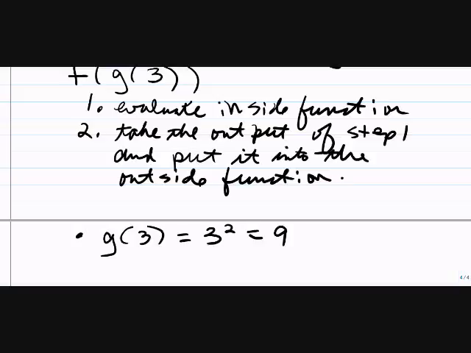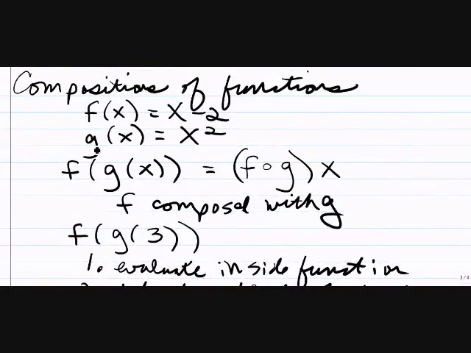No, it's not times. It is not g times 3. It is the function g evaluated at 3. That means wherever you see an x, you put in a 3. G of x is x squared, so g of 3 is 3 squared.